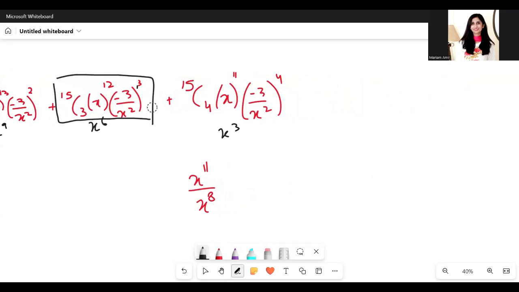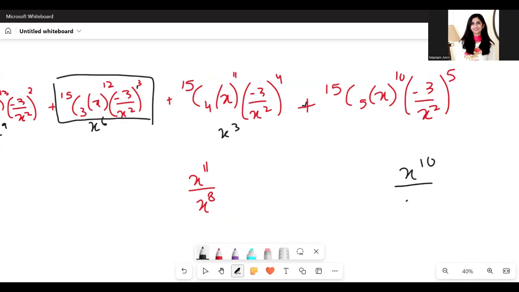Let's check. Plus 15C5, x power 10, minus 3 upon x squared, power 5. So now we have x power 10 in the numerator and x power 2 times 5, which is 10. Yes, now this is going to be the constant term because x power 10 and x power 10 cancel. So enter 15C5 times minus 3 power 5 in the calculator.